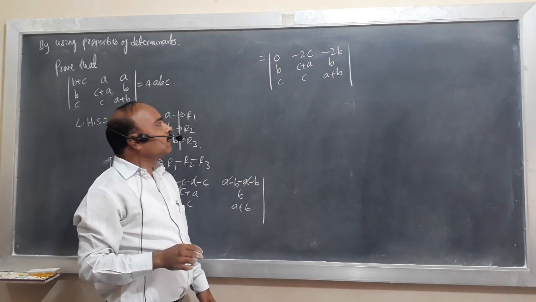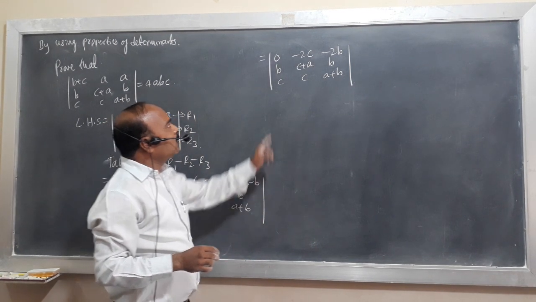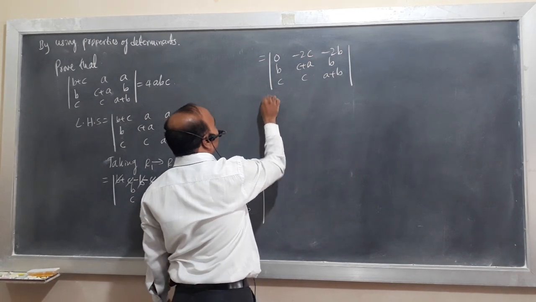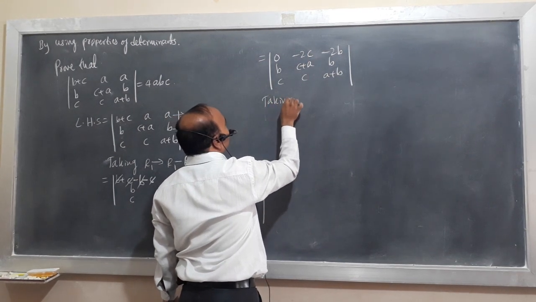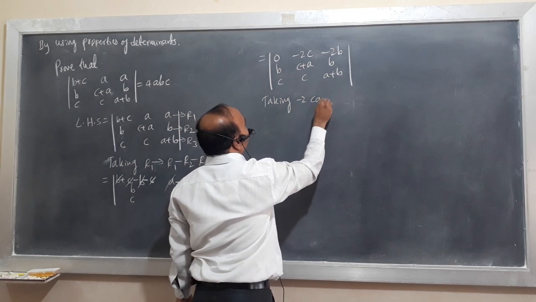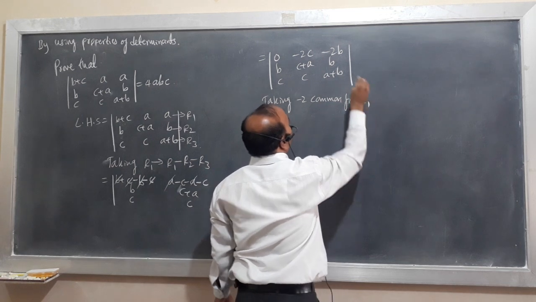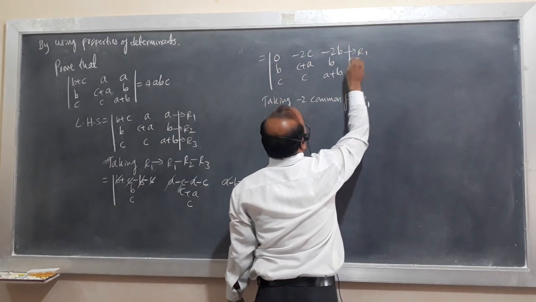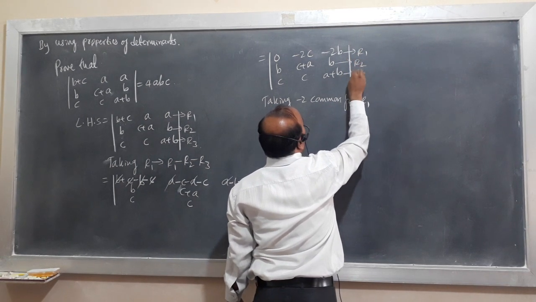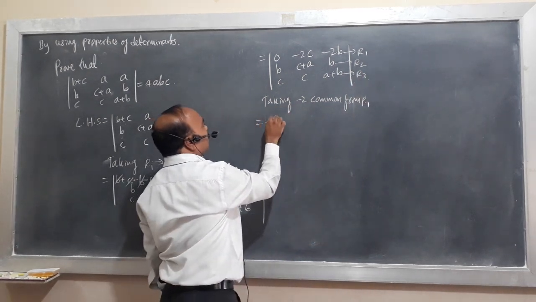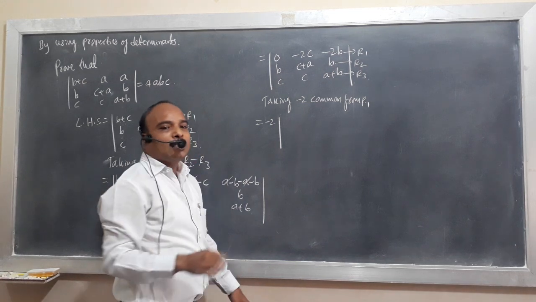Now we observe that in the first row minus 2 is common. We take it outside from R1, taking minus 2 common from R1. It is first row, second row, third row. Now if we take minus 2 from R1 we get minus 2 outside.